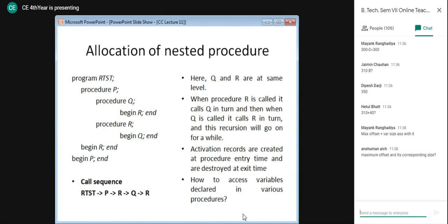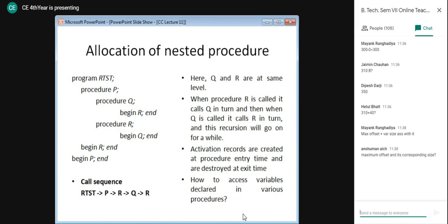So how will the sequence of calls for all these procedures happen? It goes something like this. From main, P will be called. Then from P, R is called, as given in our program. Then when R is called, it is going to call Q because it is part of its definition.